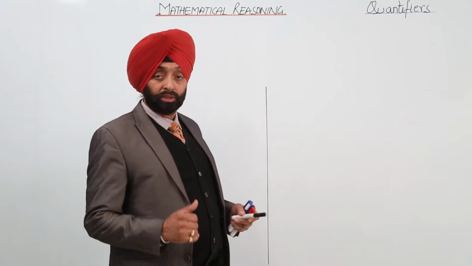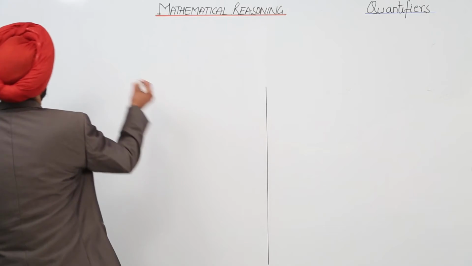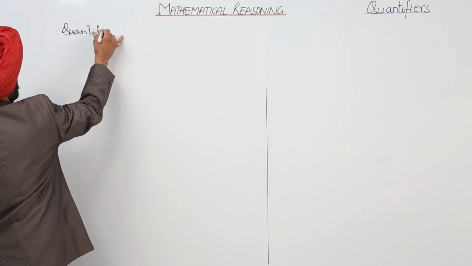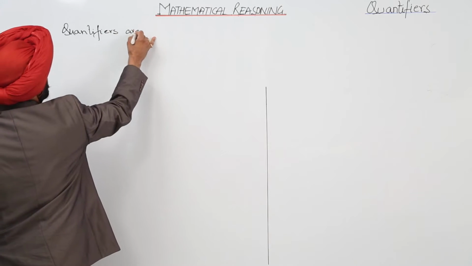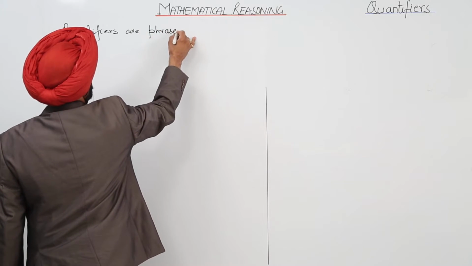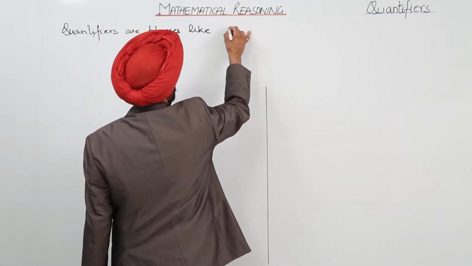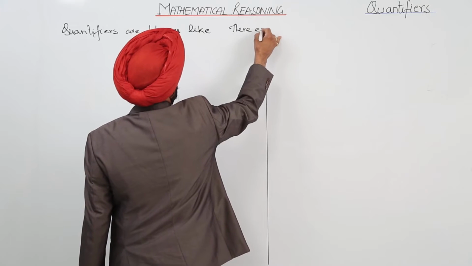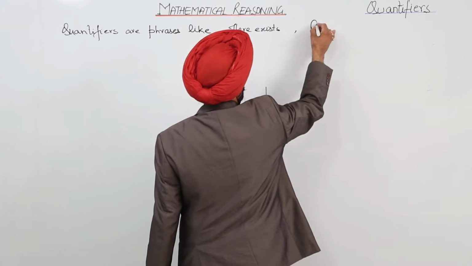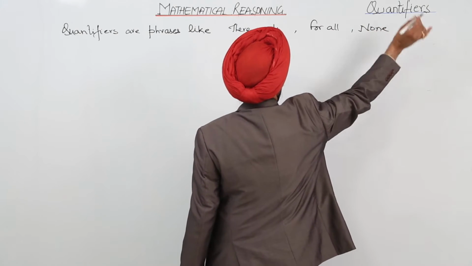Now moving to the next term, that is quantifiers. Now what are quantifiers? Quantifiers are phrases like there exists, for all, none, and many more.